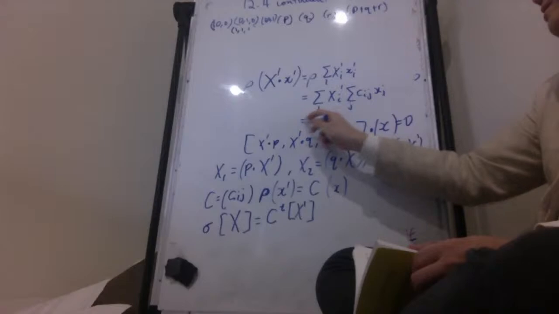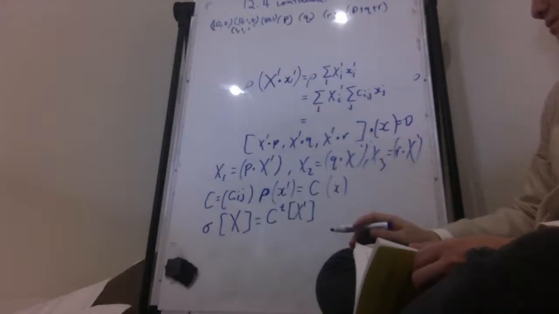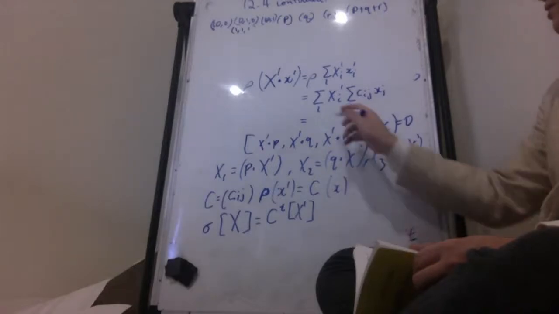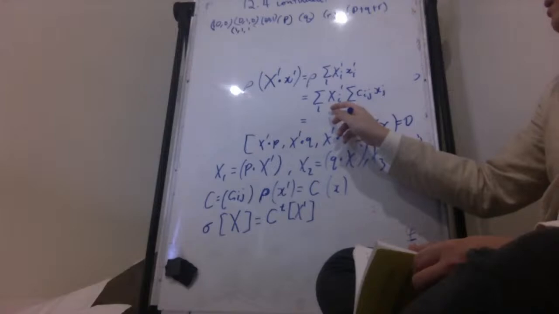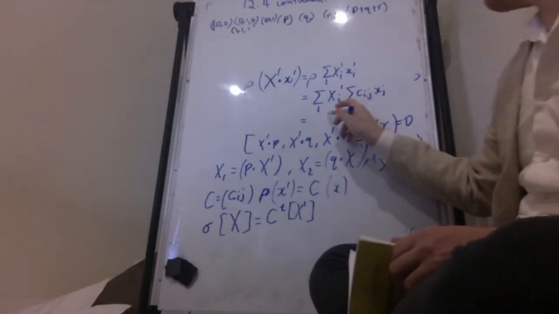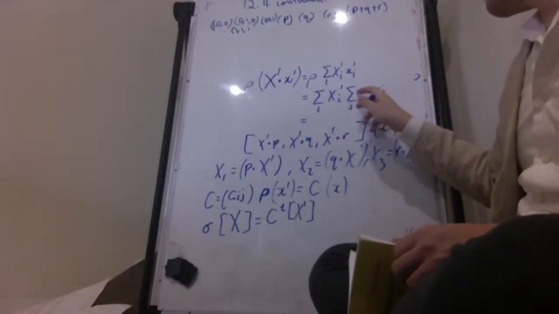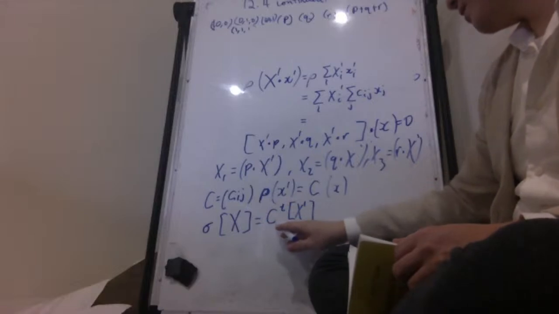Then once you take the sums out, yeah. So I guess I didn't really even need to look at the book. So you take the sums out, and the idea is now the Cij's and the big xi primes combine in a different way.